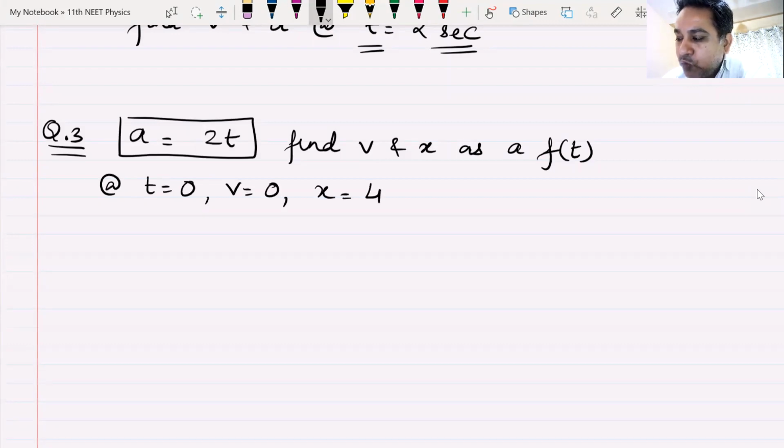X is 4. So acceleration is given as 2t. To find velocity and x as a function of time, you're given some additional information. When time is 0, velocity is 0, and the value of x is 4. Your time starts now.